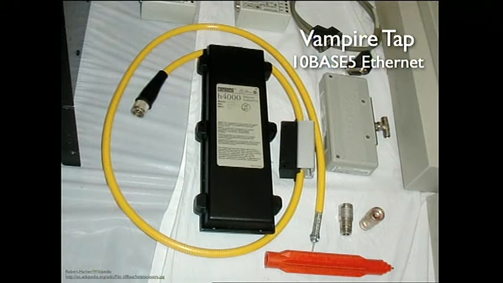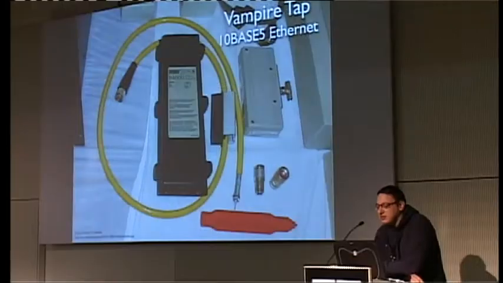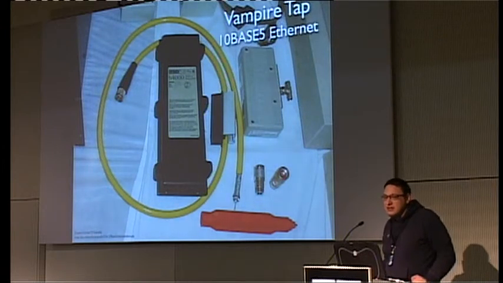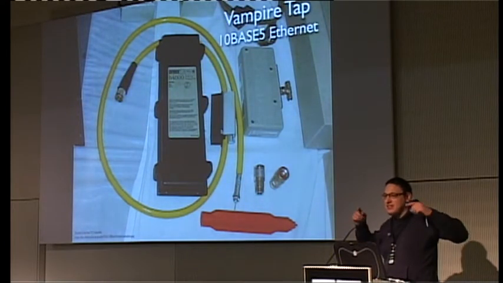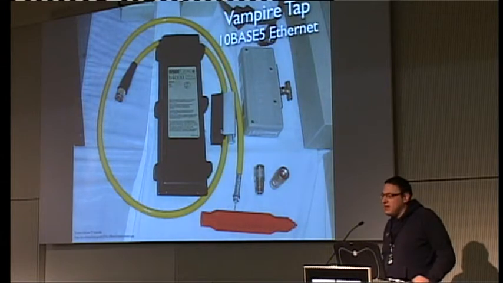Because of their layout, you had to use a thing, that's the thing in the middle over there, and it had some clamps which looked like the teeth of a vampire. You had to push it into the cable and you could plug in another client.